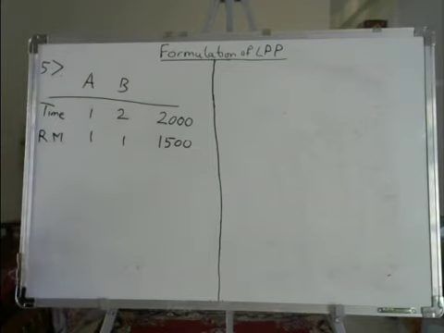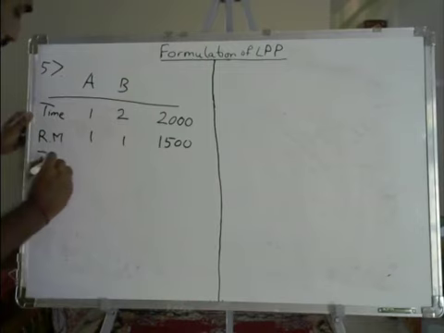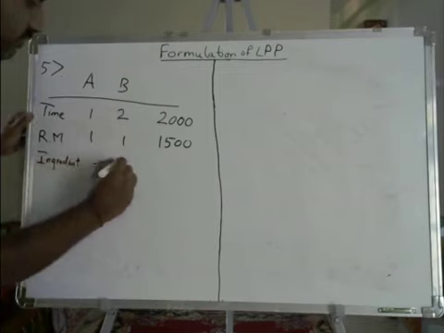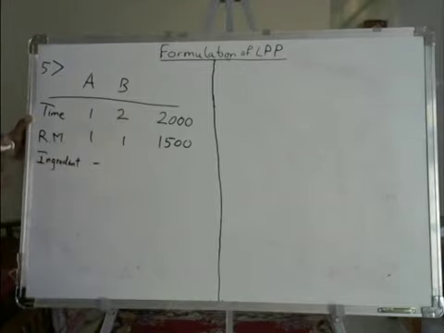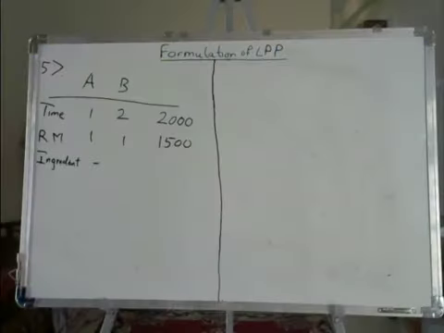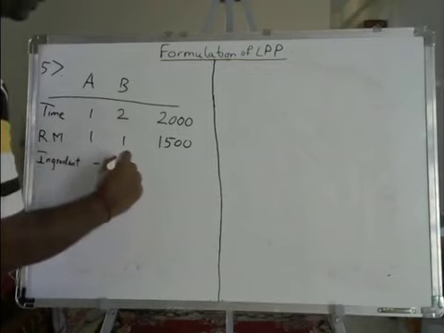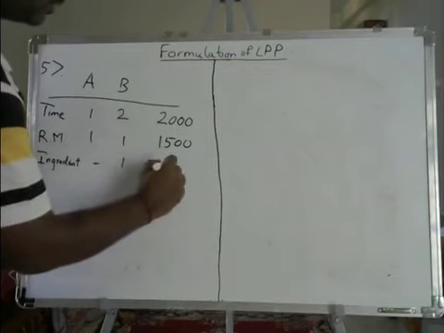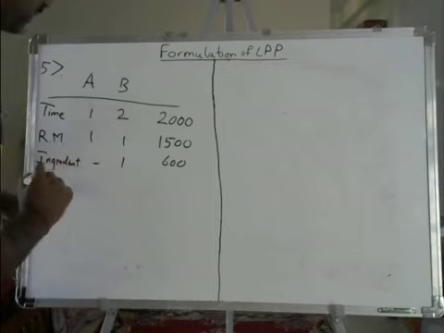And the last one is the ingredient constraint: they have a certain ingredient which is required for product B, and only 600 units can be produced per day.